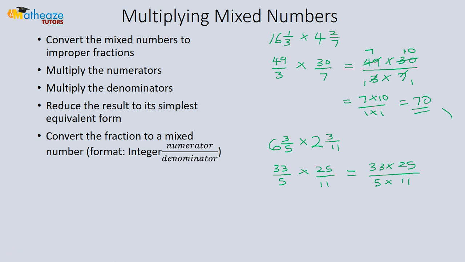So we can see here common factors. So now we end up with 3 times 5 over 1 times 1, which just simply gives us 15.